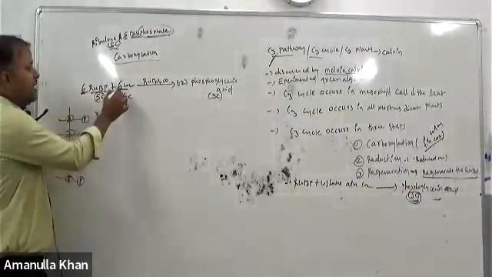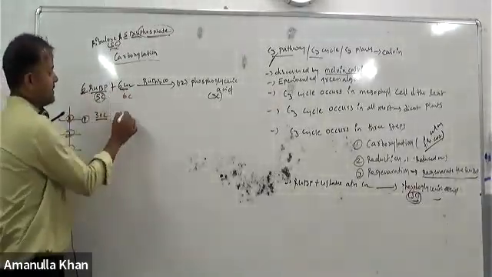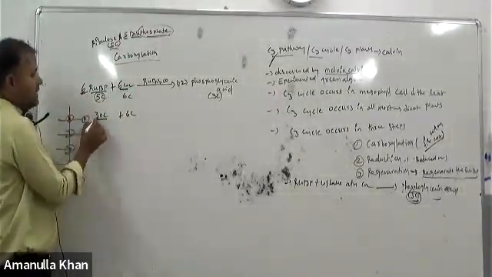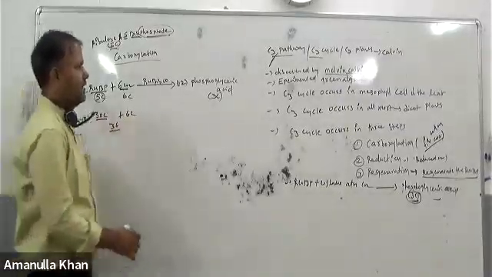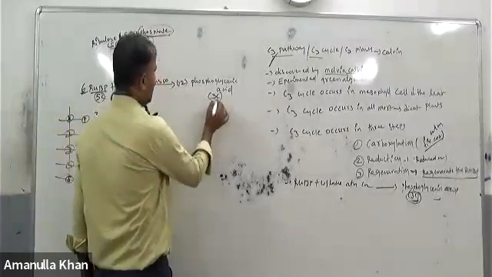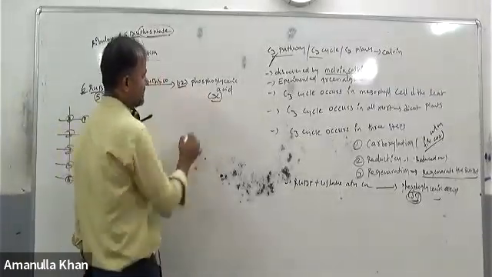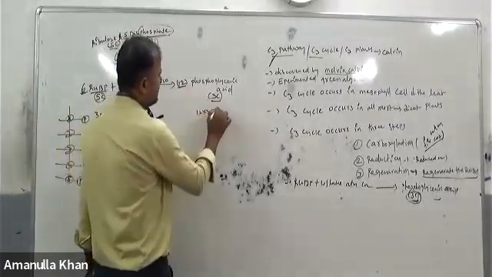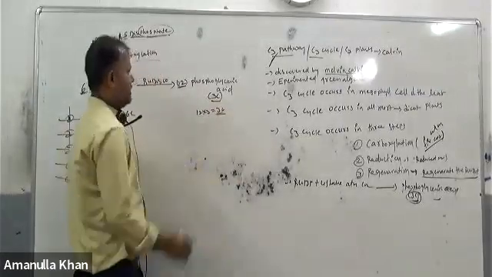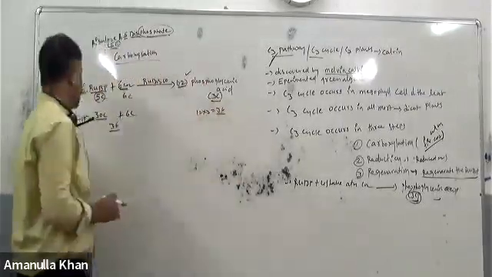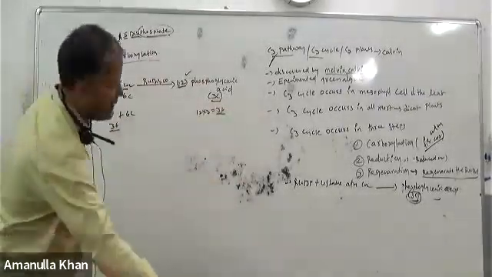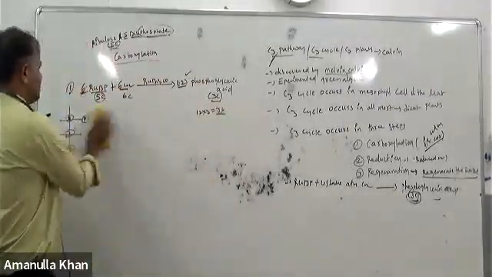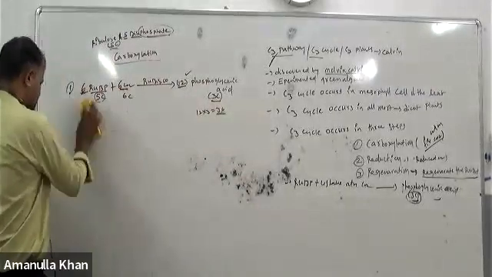Here CO2 has 6 carbons. 30 plus 6 equals 36 carbons. Now here these are 3 carbon compounds and there are 12 molecules, so 12 into 3 equals 36 carbons. Right. This is step 1, carboxylation.